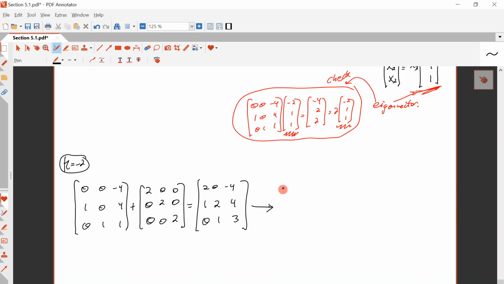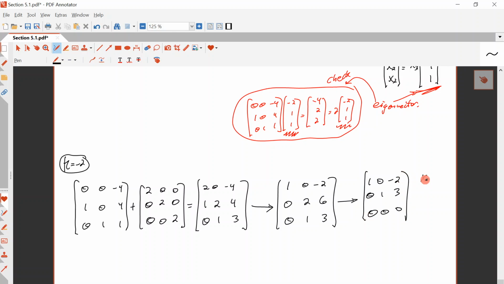Okay, so I'll multiply that by a half. And then I'll subtract that row from this row. So I have 1 minus 1 is 0, 2 minus 0 is 2, and then 4 minus minus 2 is 6. 0, 1, 3, right? Divide this, so we get 1, 0, minus 2, 0, 1, 3, 0, 0, 0.